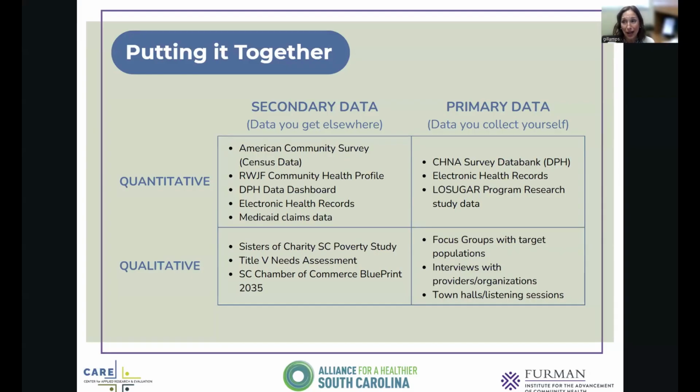Also, your electronic health records have a lot of data that could inform your community health needs assessment. And here's another example of a research study I'm involved in around type 2 diabetes. There's data coming from that that could be used.